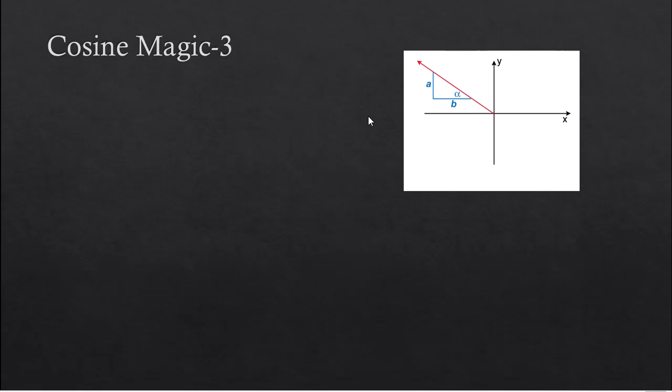Now let's say I have given you a vector, but I have not given you the direction cosines directly; I'm showing a triangle with sides A and B and this angle alpha. How will you find the direction cosines here?